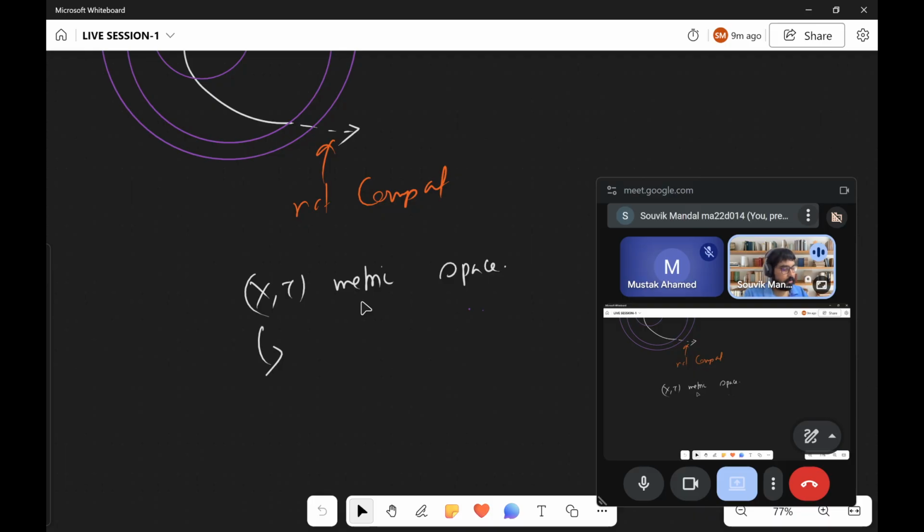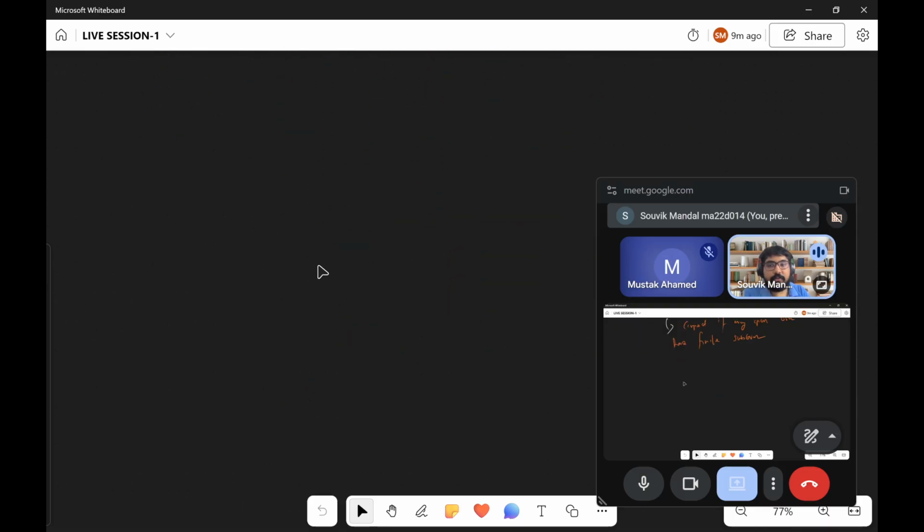Then X is said to be compact if every open cover has a finite subcover. Correct. So this is the definition. The same definition holds in topology also. That is, every open cover has a finite subcover.